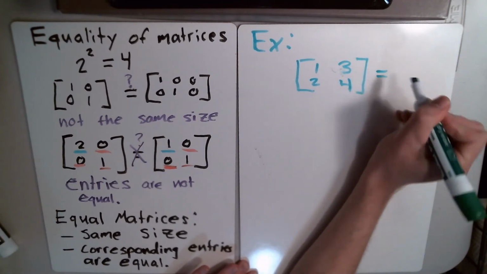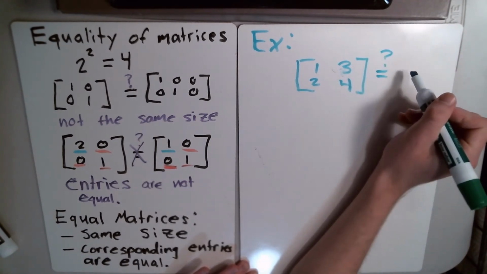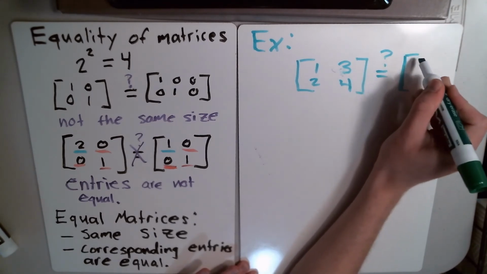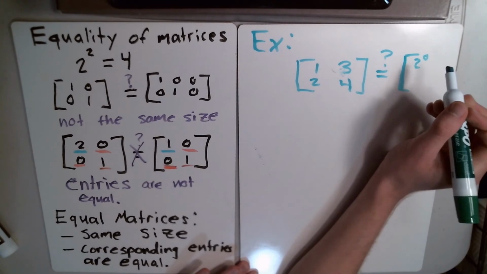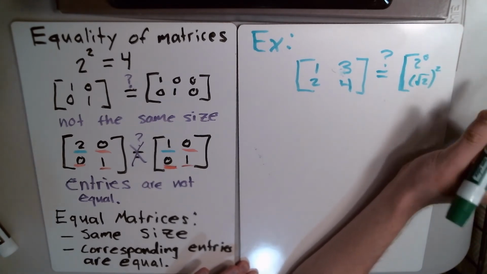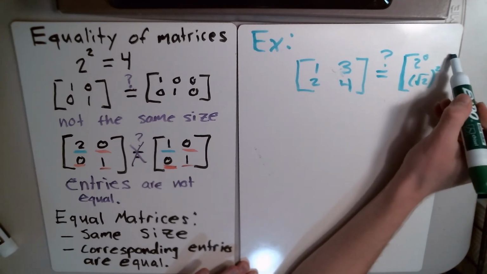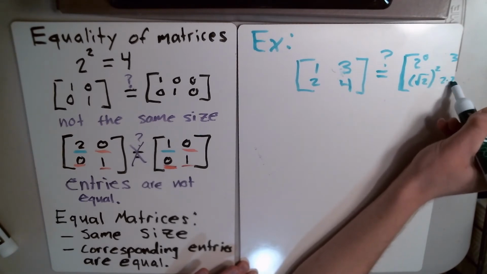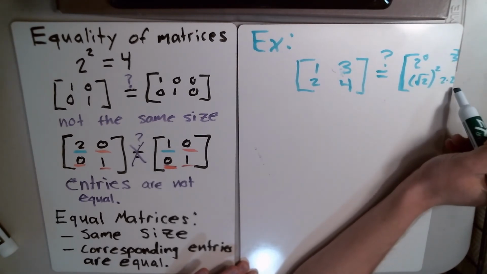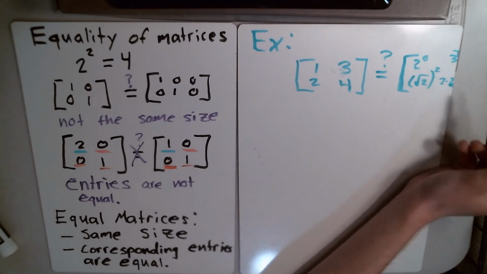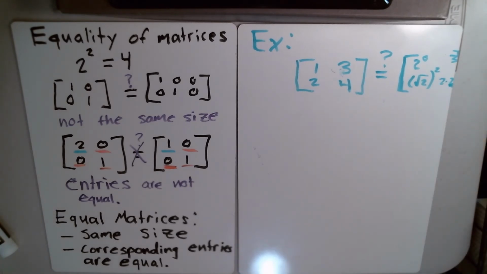I'm wondering, is that equal to the matrix 2 to the 0, the square root of 2 squared, 3, and then 2 times 2? Sorry, running out of space here. So I'm wondering, are these two matrices equal?